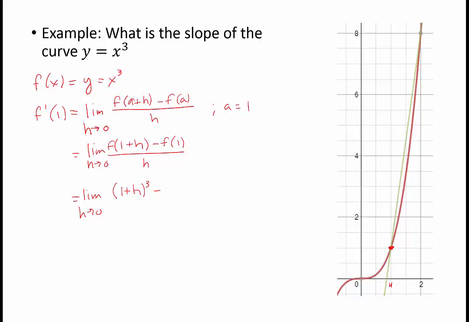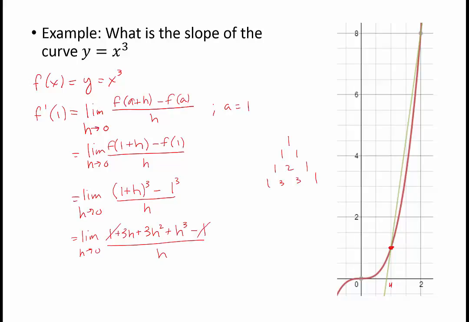Well, if f of x is x cubed, that'd be 1 cubed, and this is all over h. So this is the limit as h approaches 0 of, well, let me just do a little Pascal's triangle here. This expands to 1 plus 3h plus 3h squared plus h cubed minus 1 all over h. And then these ones cancel.